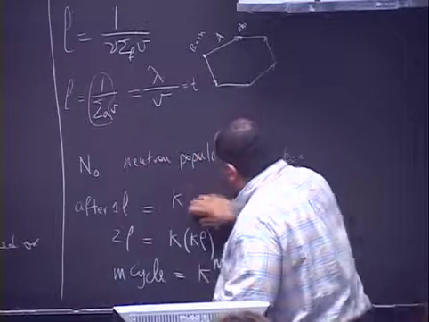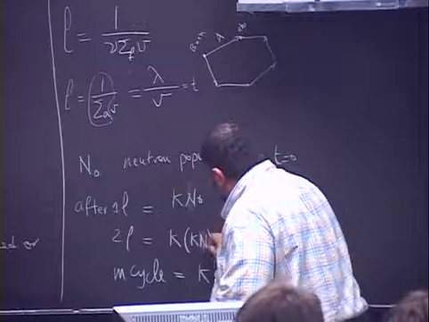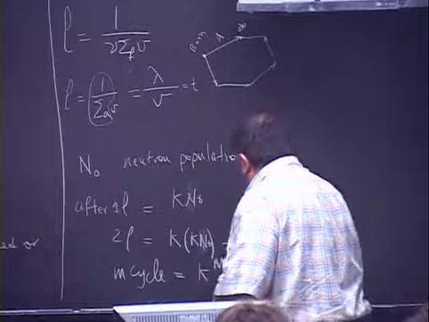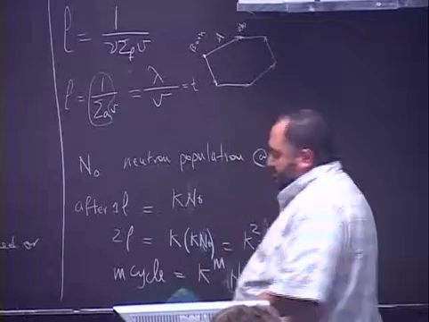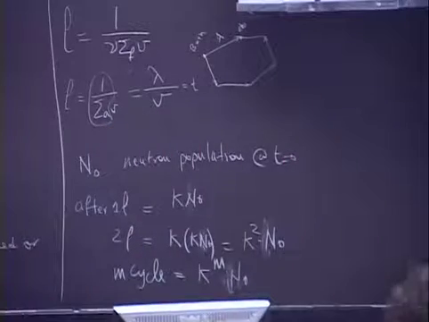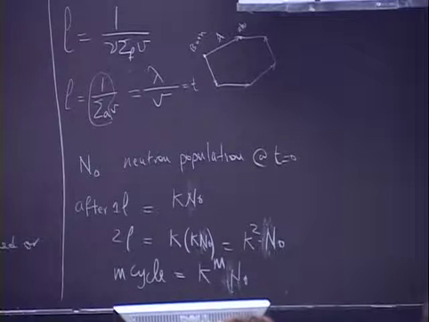Sorry, not L, multiplied by N naught. I'm sorry for the mistake. So K to the M multiplied by N naught, the initial number.